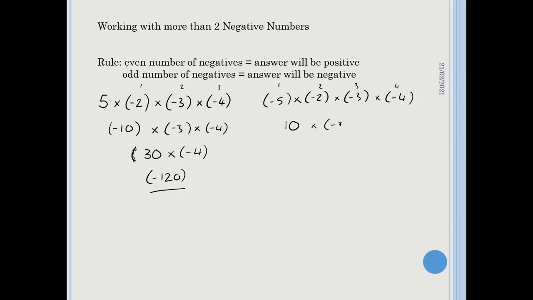Times negative 3 times negative 4. Then let's do the next two. 10 times negative 3 gives me negative 30, and I've got my negative 4. And then the last part, I've got negative 30 times negative 4. So this time I've got two negatives make a positive. So my answer is 120.